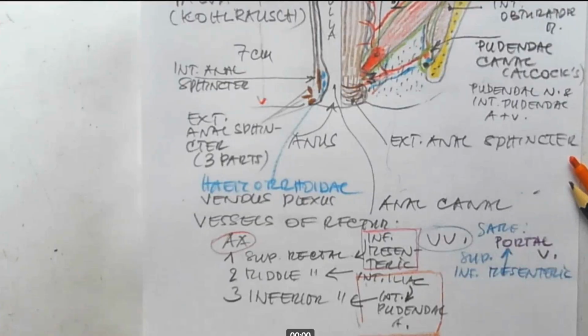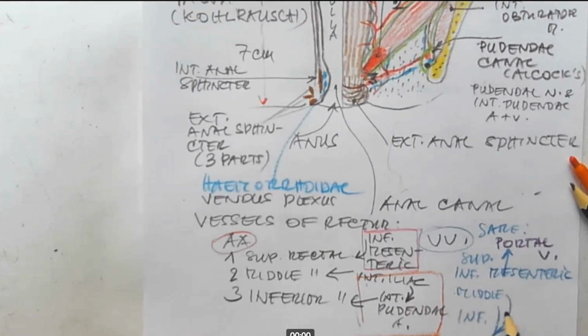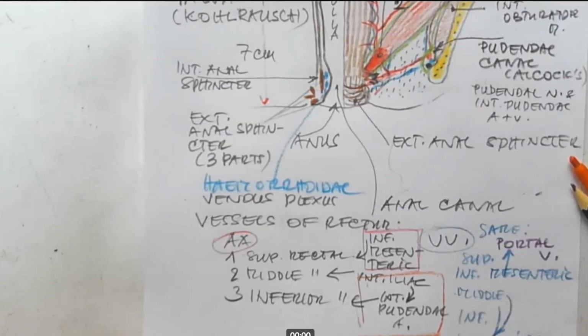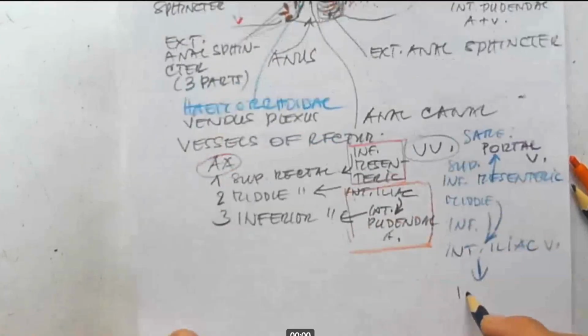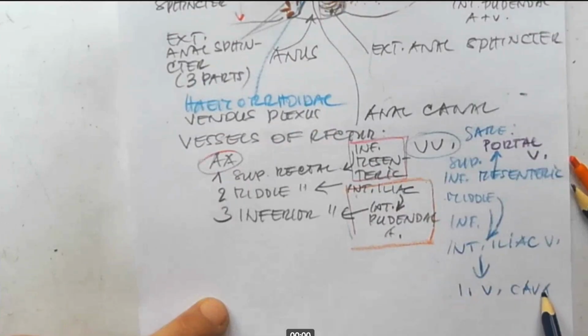The remaining veins, the middle and inferior, both of them drain into the iliac. An internal iliac vein opens into the inferior vena cava. So that means, I will repeat, cava.